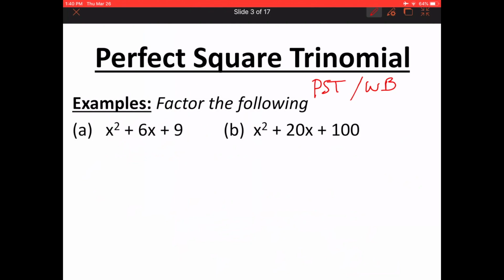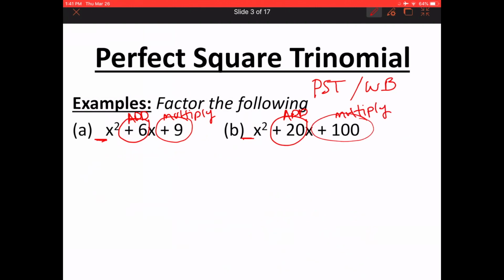Remember, for working backwards, there is no coefficient in front of x squared, and we need two numbers that add to our middle coefficient and multiply to our third number. For example B, we want two numbers that add to 20 and multiply to 100.